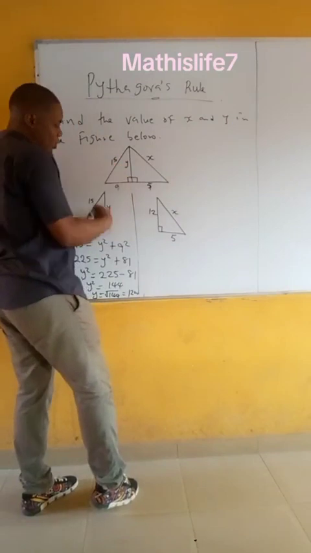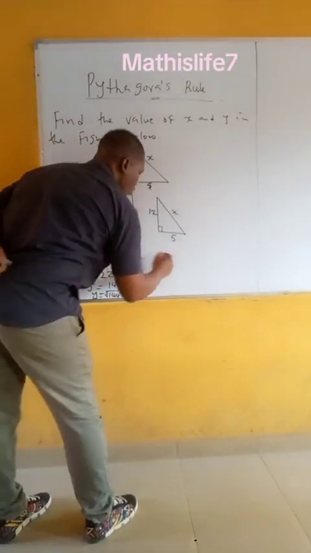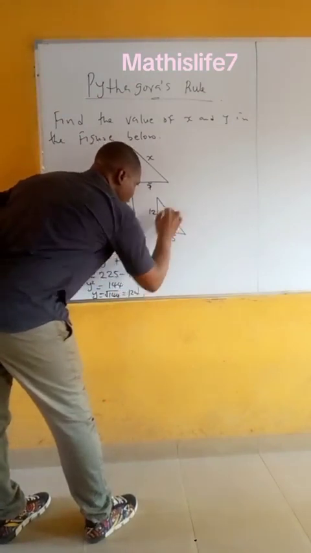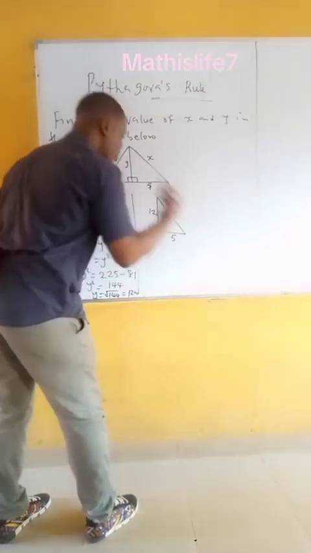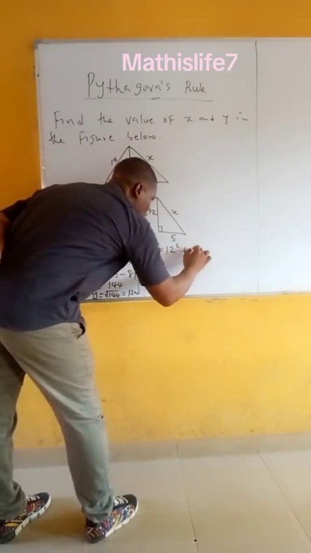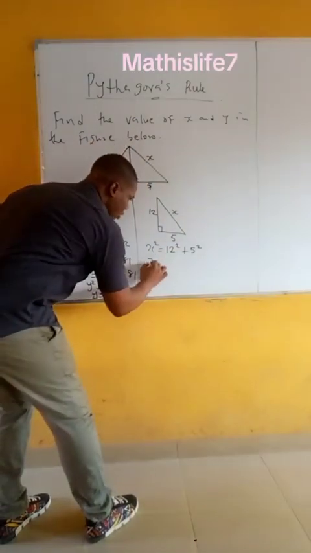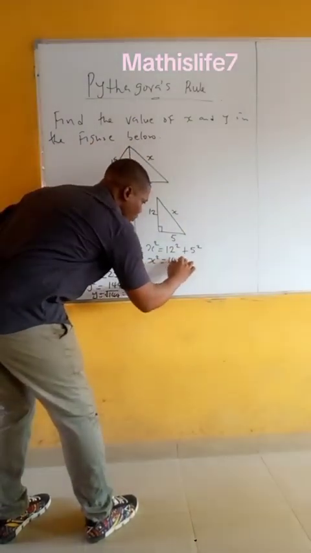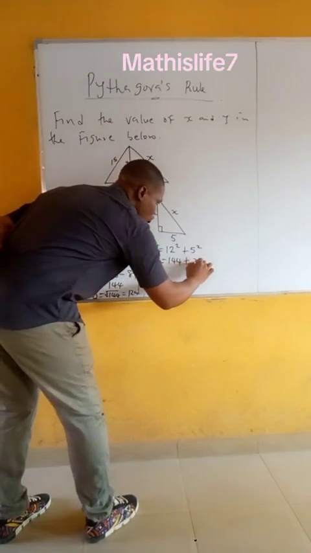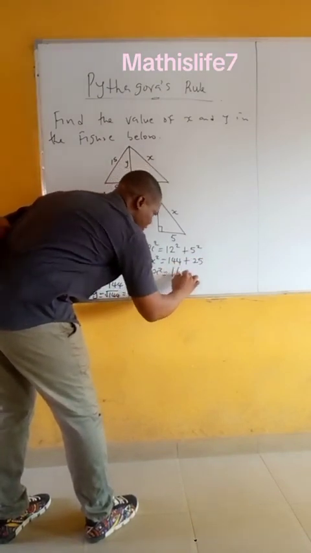Without this y on this first triangle, you will not be able to get x. So I'll come here quickly and say, now I'm looking for the hypotenuse. So I'll quickly add x squared is equals to 12 squared plus 5 squared. So come here, x squared is equals to 144 plus 25. X squared is equals to 169.